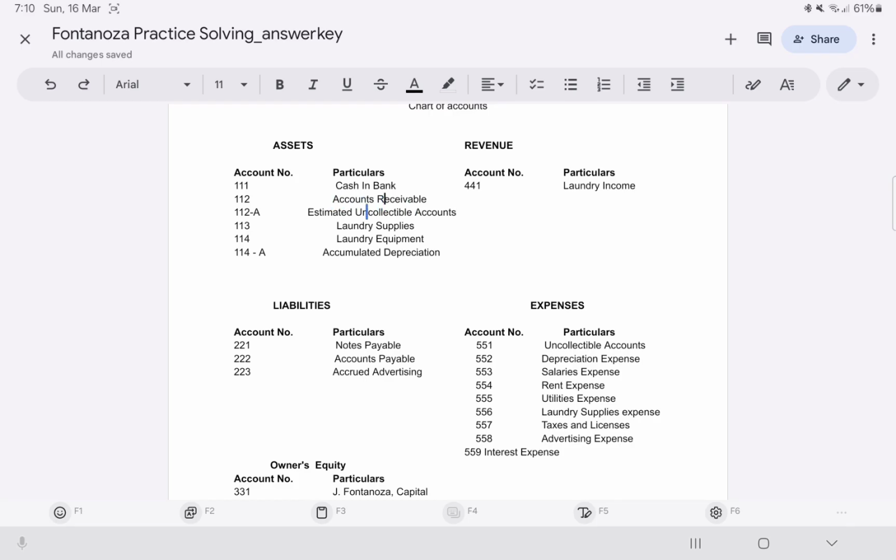If you remember, we now have 35,000 pesos remaining balance of your customer under the accounts receivable transaction. Okay, so accumulated depreciation: we are paying for a machine, a laundry machine, so under laundry equipment.